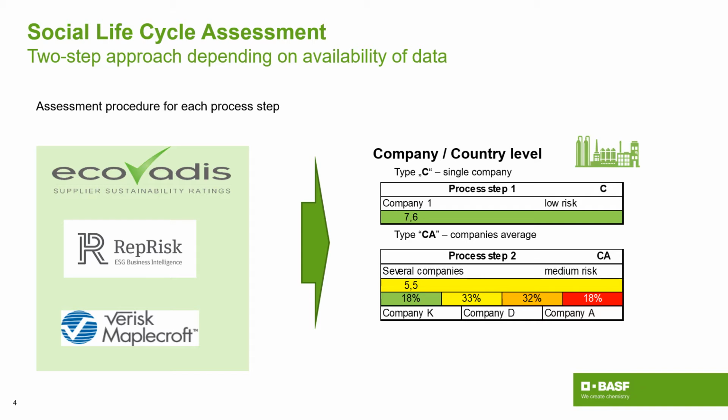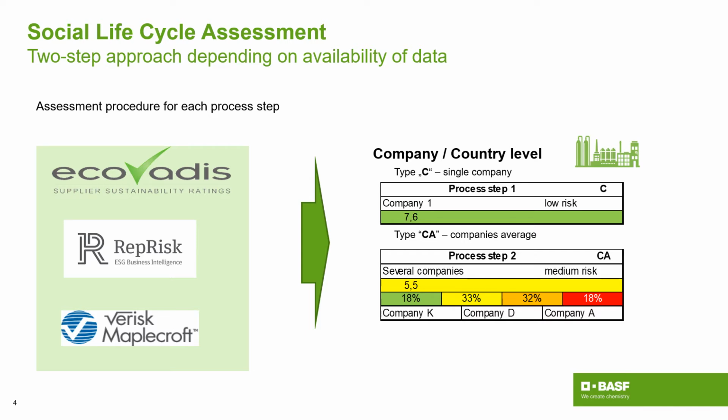If we are using the three types of databases, EcoVadis, RepRisk or Maplecroft, we can extract the results for companies, for regions or average regions, and we can generate first results for every process step out of this. So we have a scale from 0 to 10 and we use the scale to put these figures behind these different process steps.